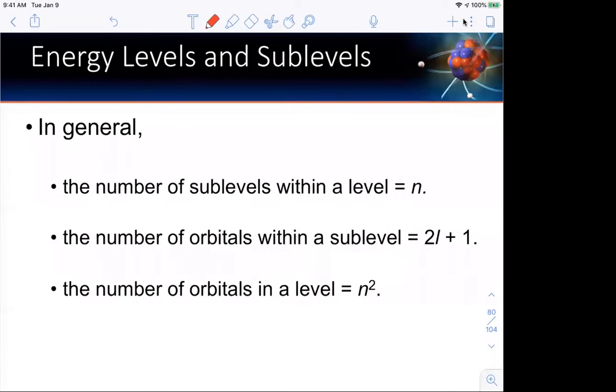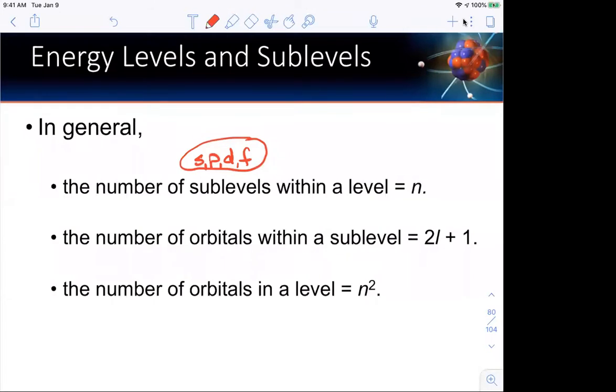Then I start getting into theoretical sublevels. So really, I'm focusing on the s, p, d, and f sublevels, which, when I get into energy levels 5, 6, and 7, I'm still dealing with. The rest of them are still theoretical.